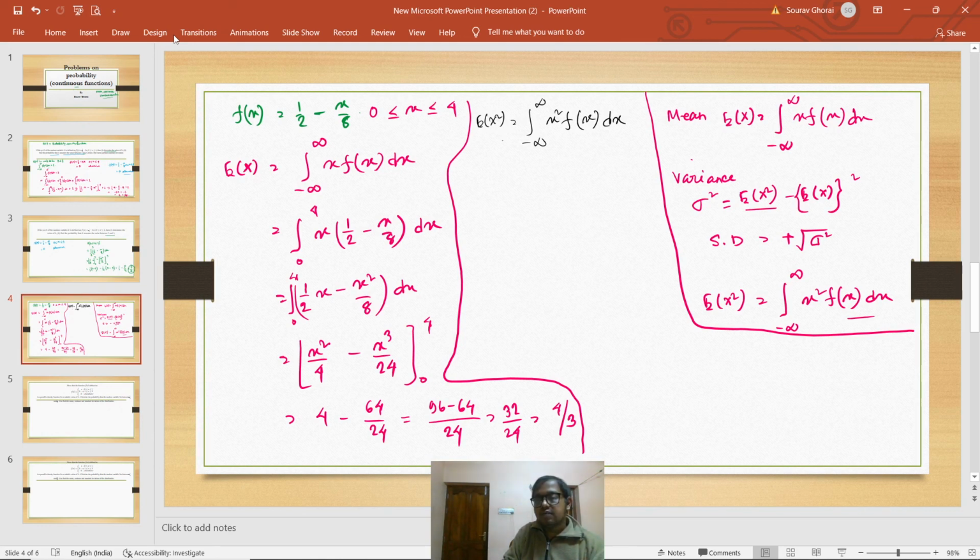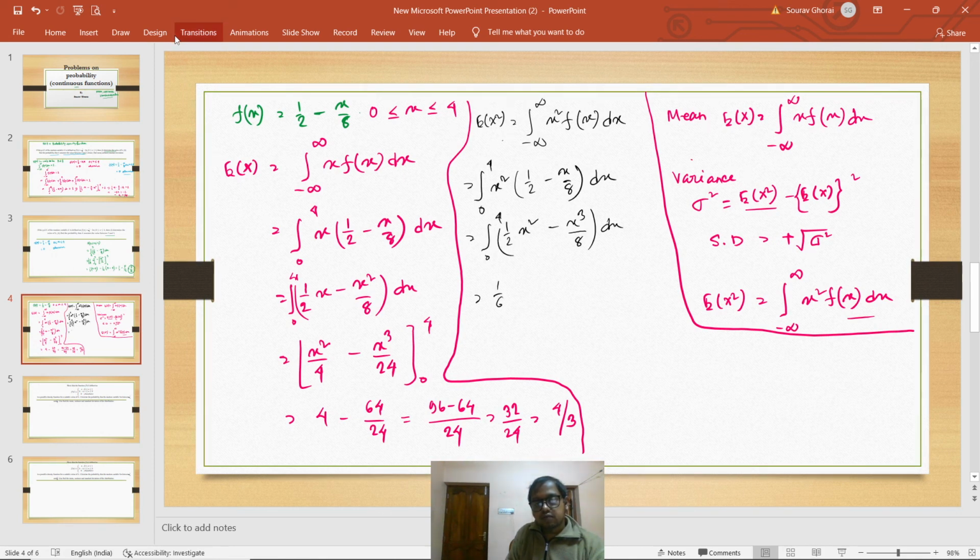Here f of x is already defined over 0 to 4, so we can write the integral from 0 to 4 of x square into half minus x by 8 dx. So I can write the integral from 0 to 4 of half x square minus x cubed by 8 dx.